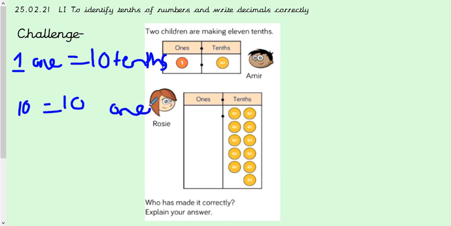When we exchange from our tens to our ones, it works the same with ones to tenths. If you have 1, you could exchange that into your tenths for 10 tenths, which is what Rosie has done. So Rosie has actually just exchanged the ones for 10 tenths, which is why she's got 11 tenths here. So they're both correct. They've just shown it in different ways.